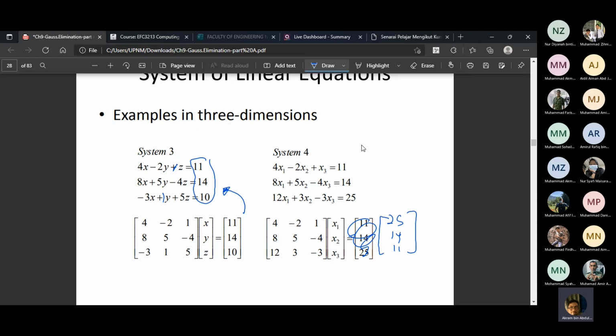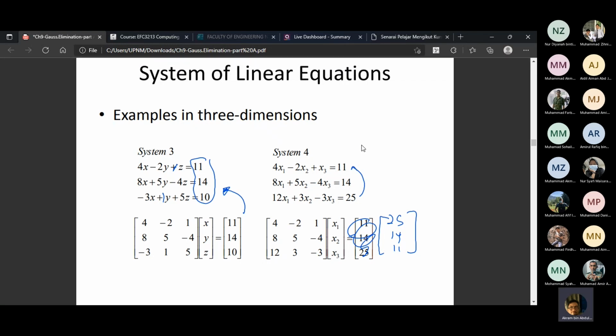Tapi kalau kamu tukar kedudukan, katakan ini kita letak kat atas, ini kita letak kat bawah. Katakan saya rewrite this equation as, system of equations: 12x1 plus 3x2 minus 3x3 equal 25.